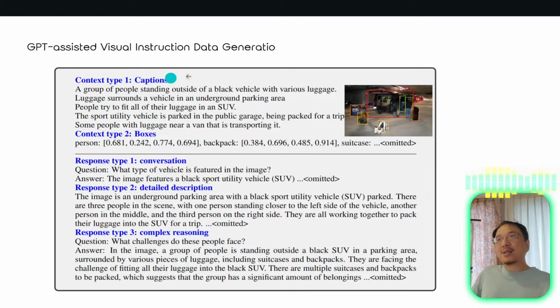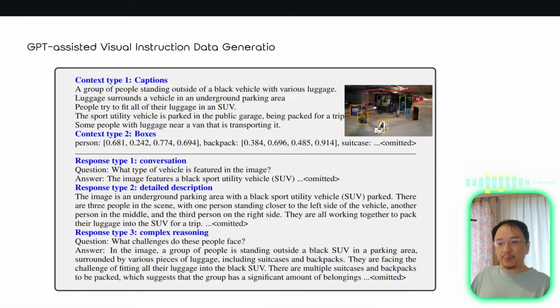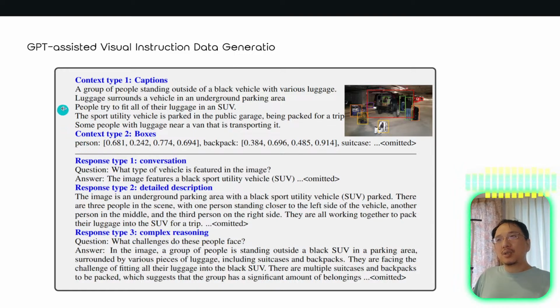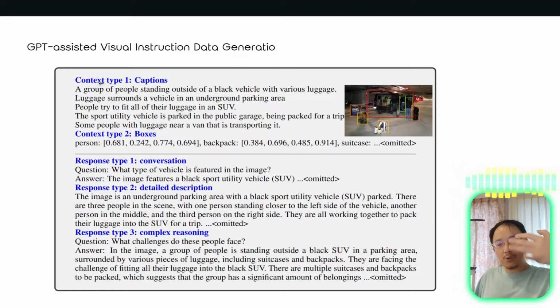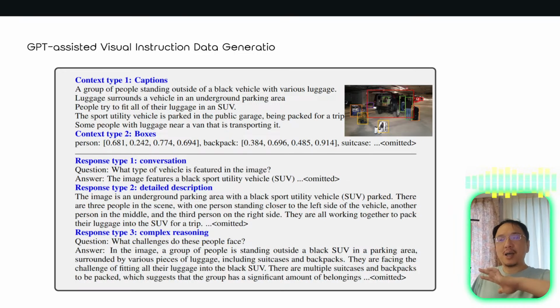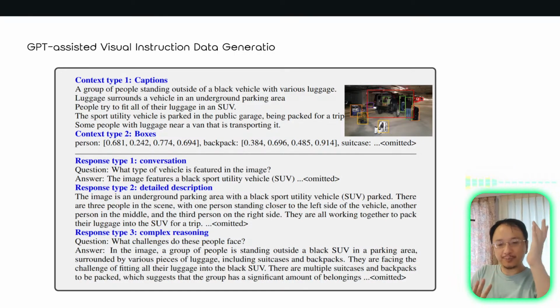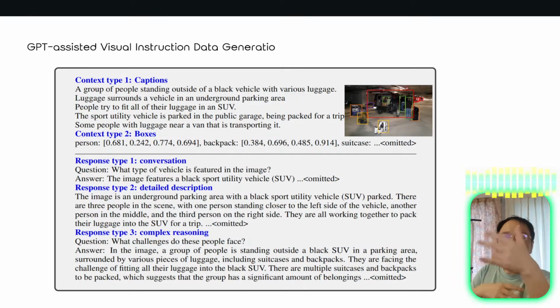And we can ask GPT to generate the desired text in the format that we want. So that's the idea. Although GPT-4 Vision can actually see the images, we are not using GPT-4 Vision, because that's a cheat.